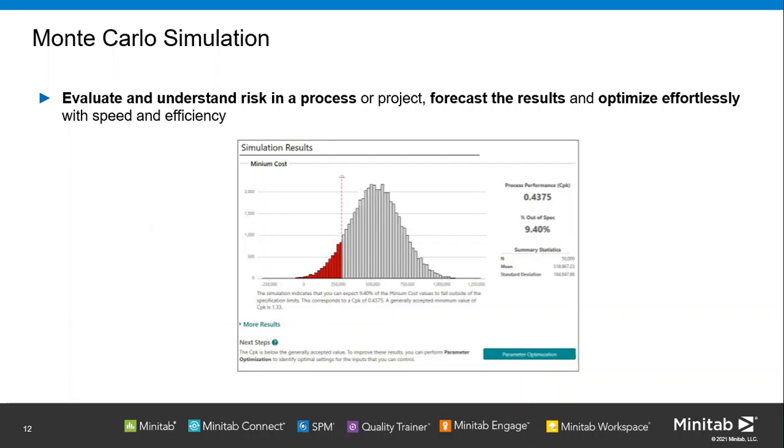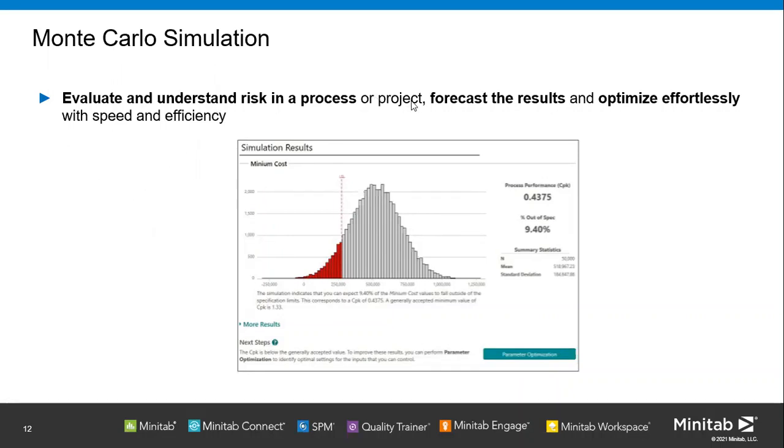Without doing the experiment, after your process is in control, you assess the capability and your process is capable. After that, maybe you want to do optimization, you do something like DOE. But DOE may be costly and time-consuming. If you want to avoid that, maybe you can use Monte Carlo simulation to do the same thing.